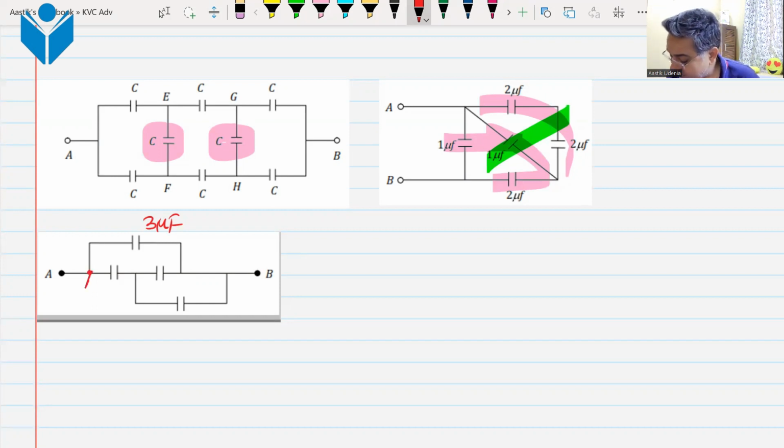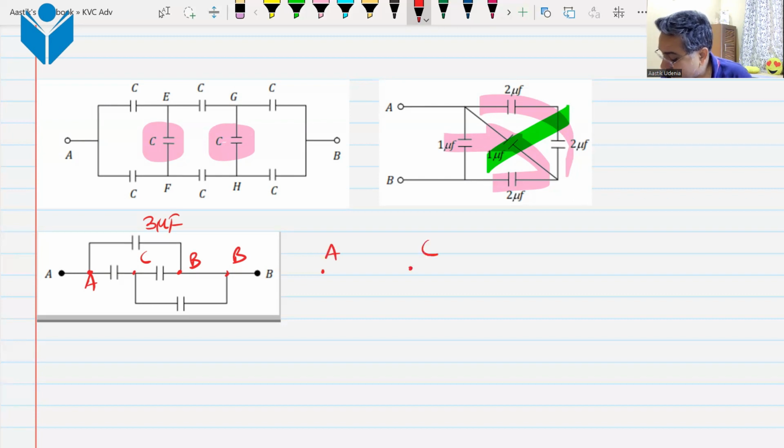This is point A, this is also point A. This is B, this is also B. Do we understand this? Yes, sir. And this is C. Now you can redraw the circuit and see how the circuit is coming.